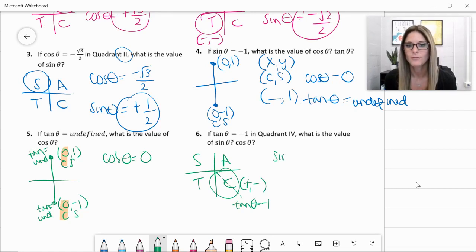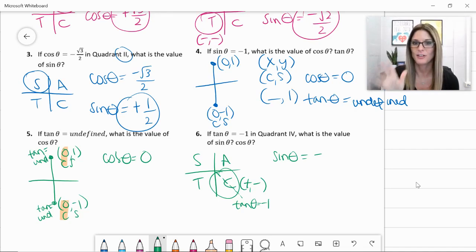So if we're looking for sine theta, sine is going to be negative, like I said. Now, at those 45 degree marks, remember, I love 45 degree. They're so easy to remember. They're right there in the middle. What are the sine and cosine values right there at 45 degrees? Square root of 2 over 2 also married with a square root of 2 over 2.